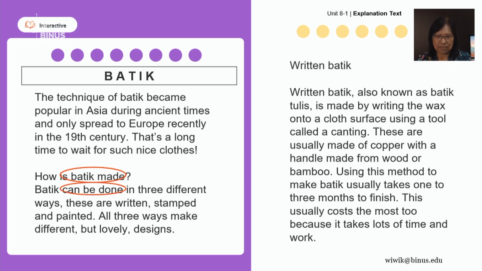Then can be done, are written, stamped and painted. Actually it's one sentence. These are written, stamped and painted. Is made again. Then these are usually made.